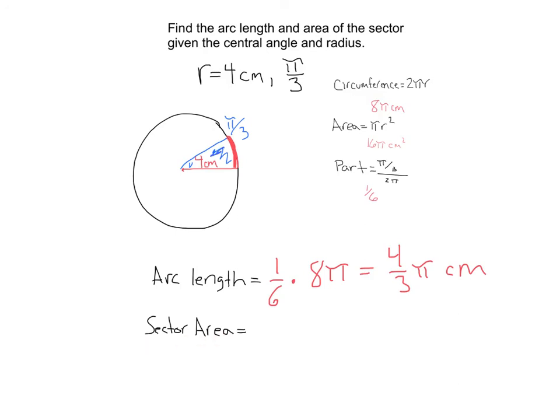That's the area of this sector all in here. And we know the whole circle has an area of 16 pi. The part of the circle we want is 1/6. So we'll just do 1/6 times 16 pi, and that's going to give us 16/6 pi, or we could simplify that to 8/3 pi centimeters squared.